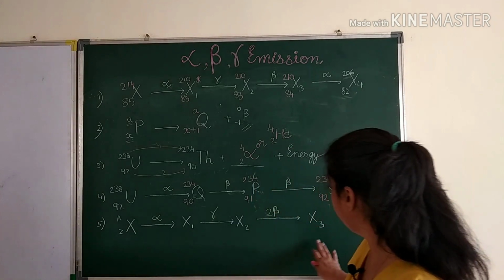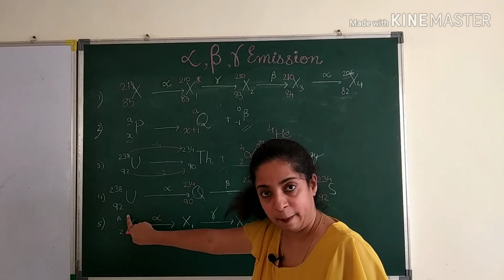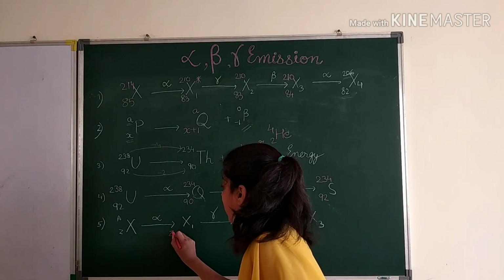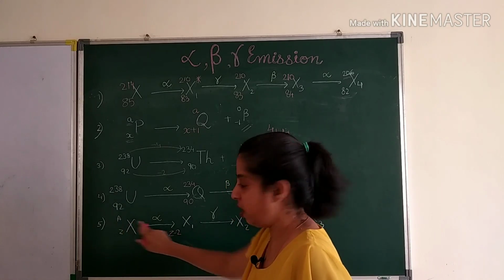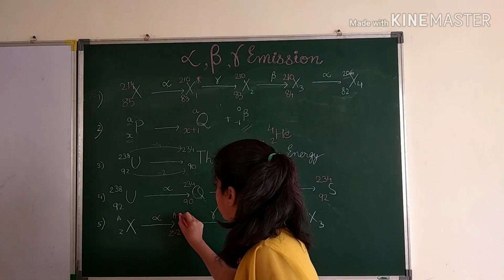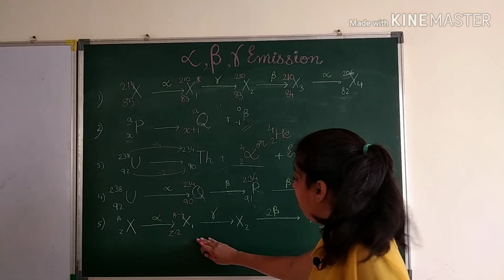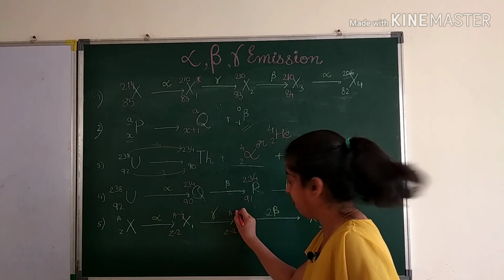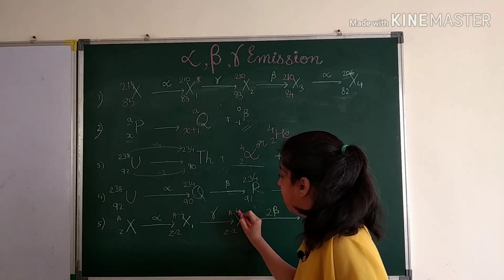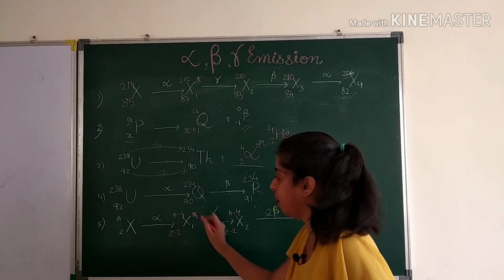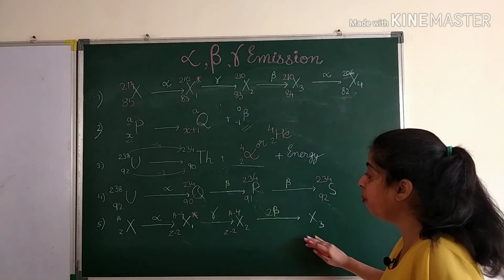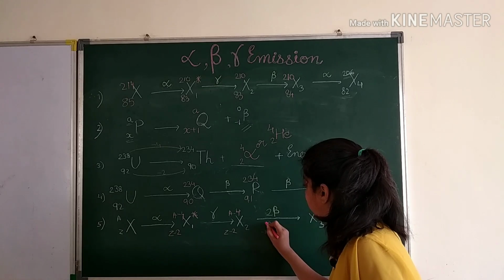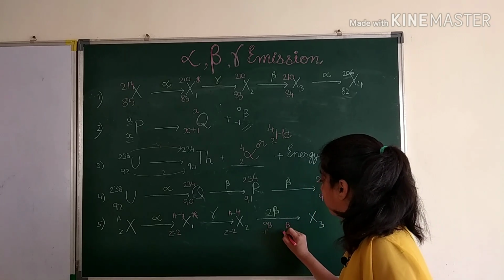Now moving on to our last sum. Here also there are no numbers, only Z and A. Now from Z an alpha particle is removed, so we will write Z minus 2. From A, alpha particle, so A minus 4. Now gamma particle. So this Z minus 2 and A minus 4 remains same, but what change we need to make? We need to put an asterisk sign here. Now 2 beta particles. One beta particle is like this, another beta particle is like this.